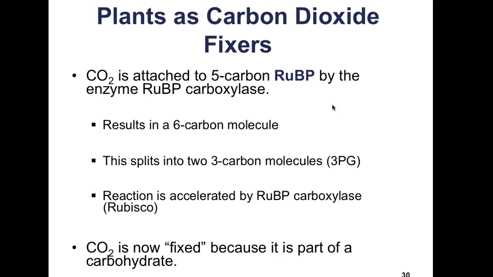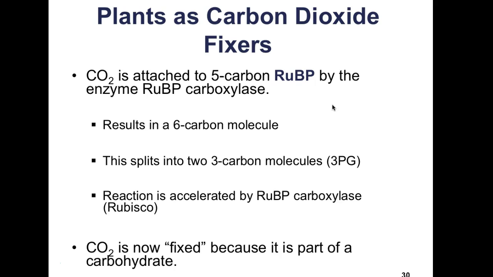RUBP. So basically, carbon dioxide is attached to a 5-carbon RUBP, ribulose bisphosphate, by the enzyme RUBP carboxylase. RUBP carboxylase, also sometimes known as Rubisco. It results in a 6-carbon molecule. This splits into two 3-carbon molecules called 3PG.